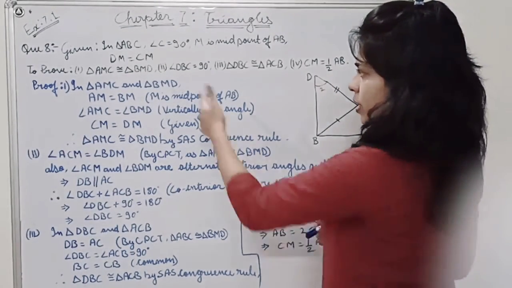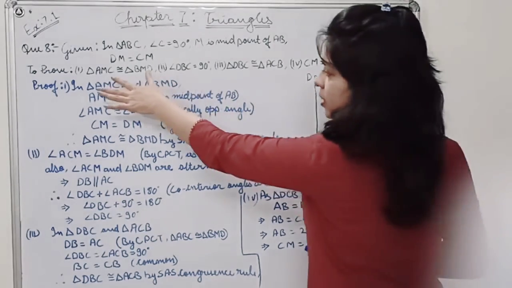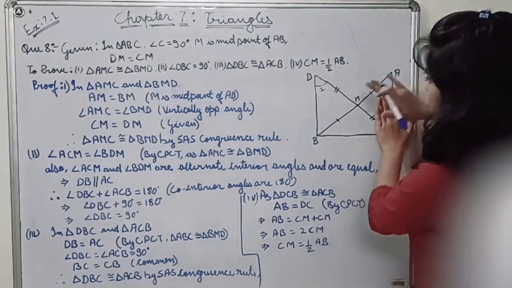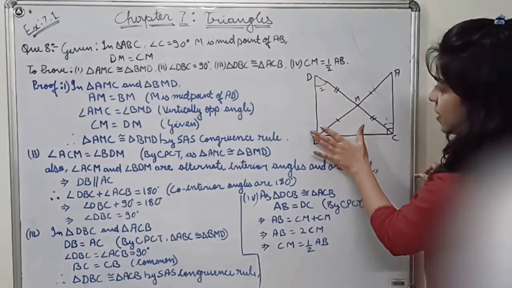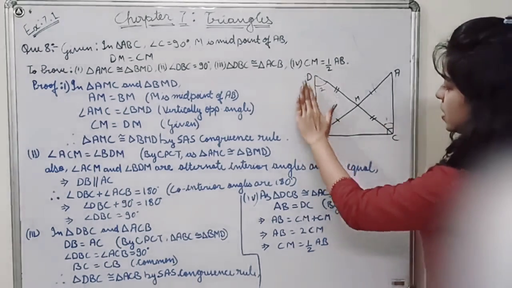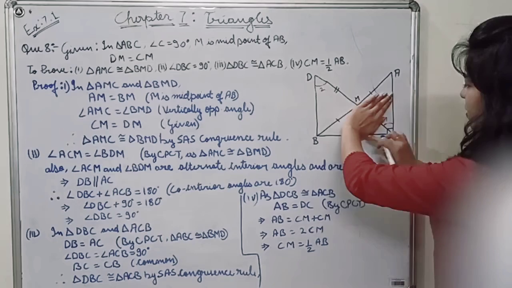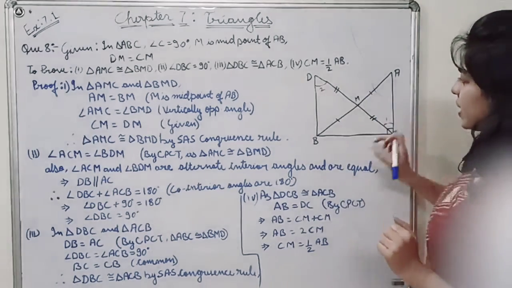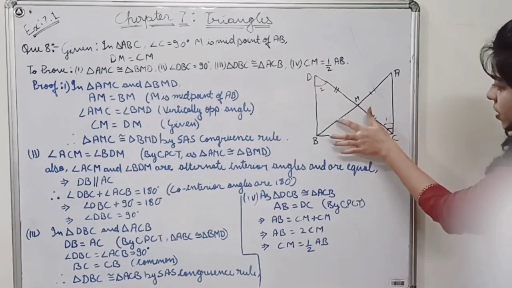It is also given. Now, whatever we have to prove, I have written here: triangle AMC congruent to triangle BMD, angle DBC 90 degrees also we have to prove. Now, triangle DBC congruent to triangle ACB we have to prove. Next and at last, CM is half of AB.